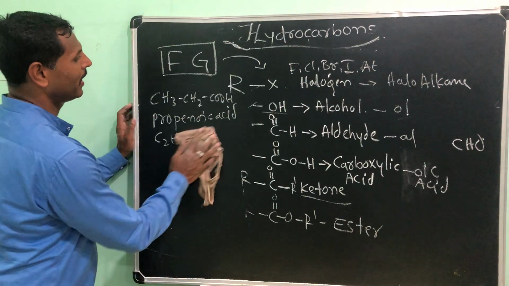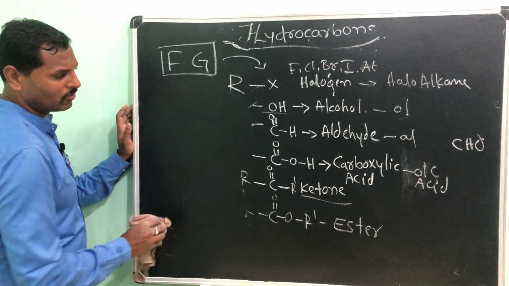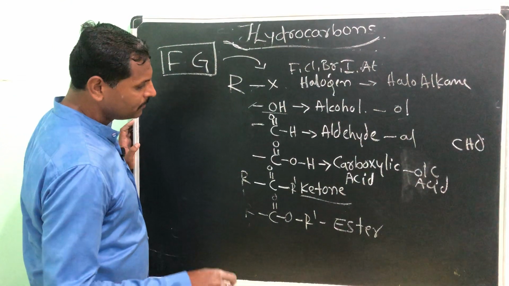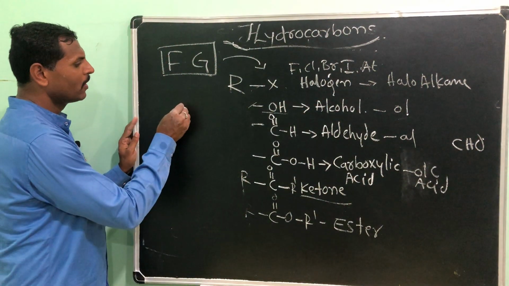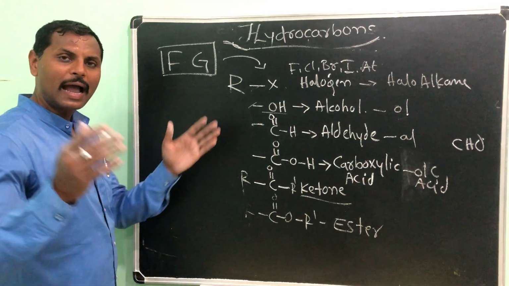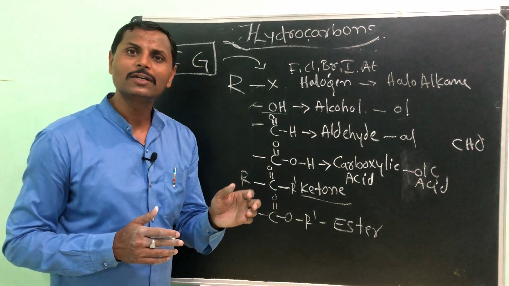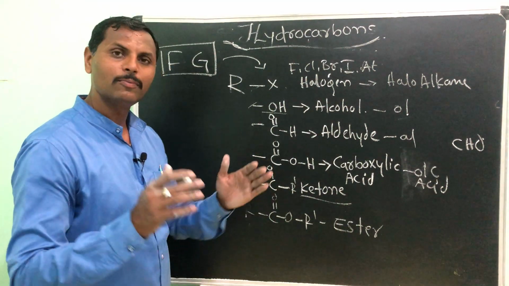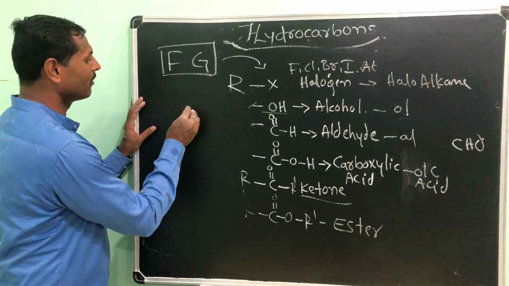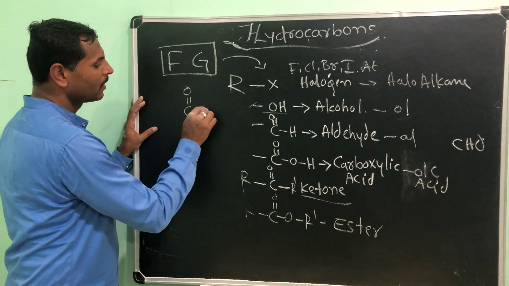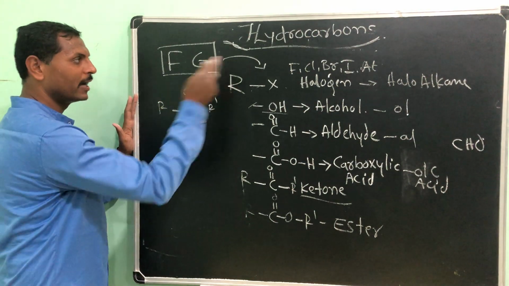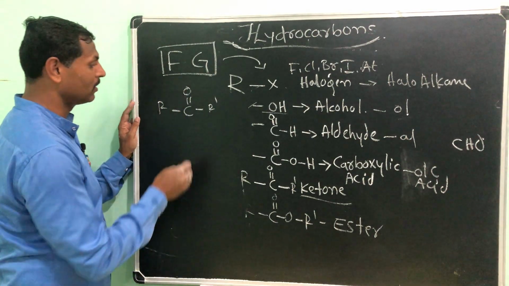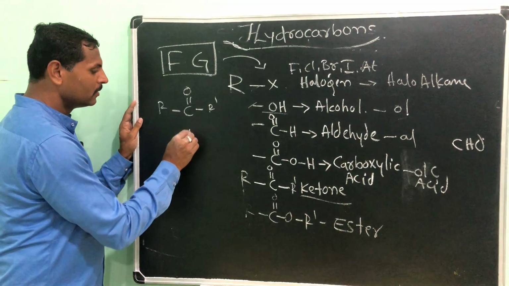Understood? Okay. Next I will move on to the next one, that is the ketone group. Here we have to add a hydrocarbon group to both the ends. See here, I will tell you. Here R means you have to take one hydrocarbon, here also you have to take one more hydrocarbon.